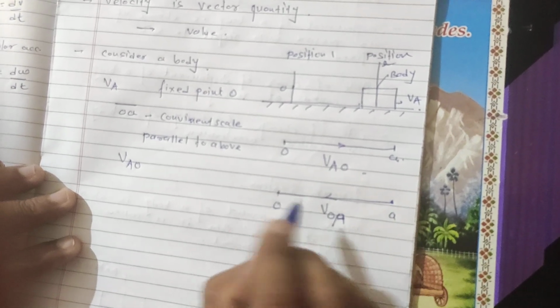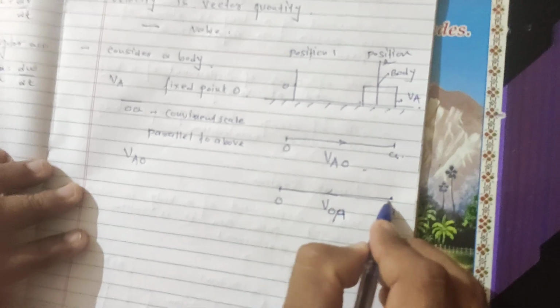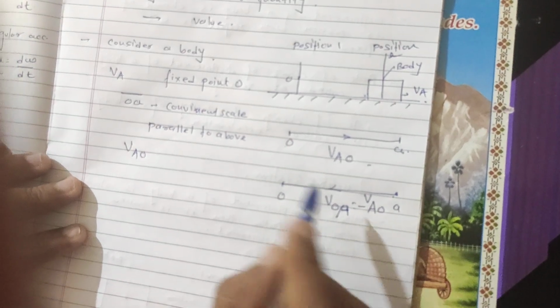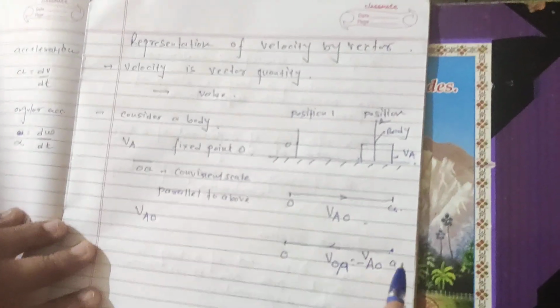So velocity of O with respect to A may be in the negative direction, when VAO. Clear? So these are the representation of the velocities.